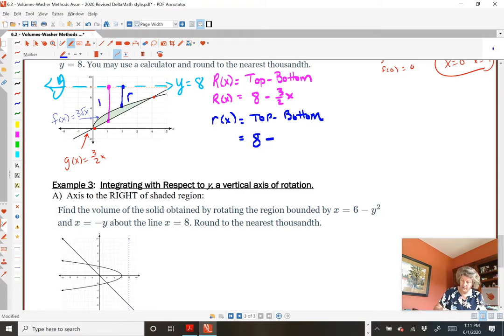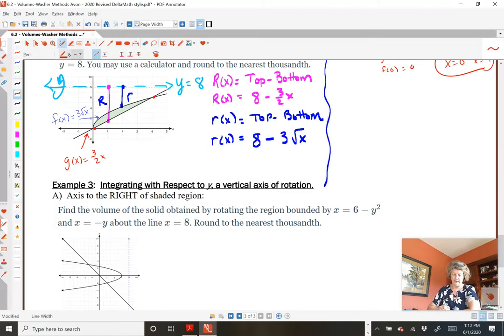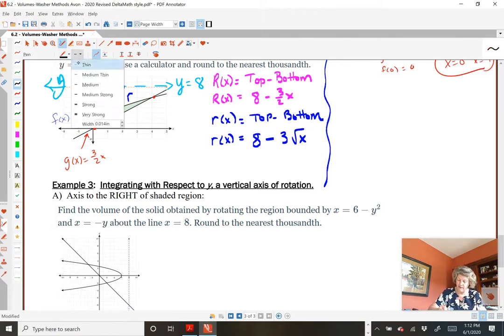There's little r. Here's our big R. And little r is the square root function, 3 square root x. If you can get those two things, that I think is really the hardest part of doing volume of rotation washer method.